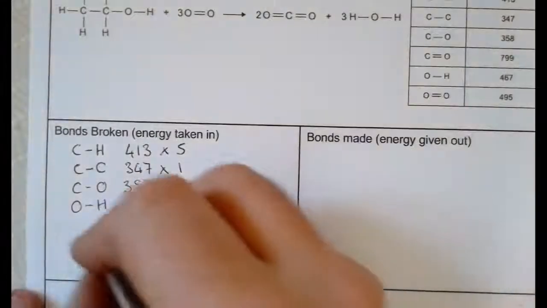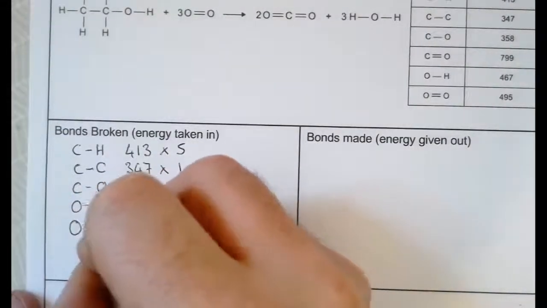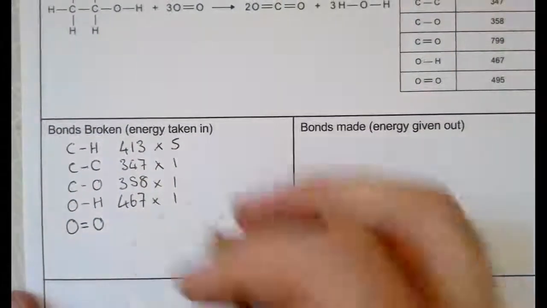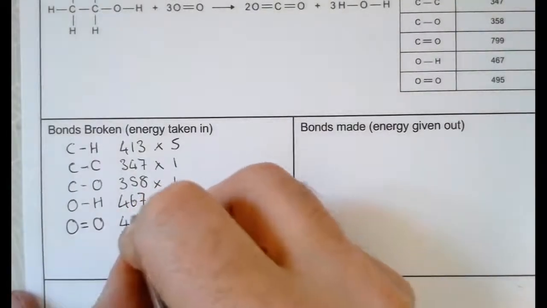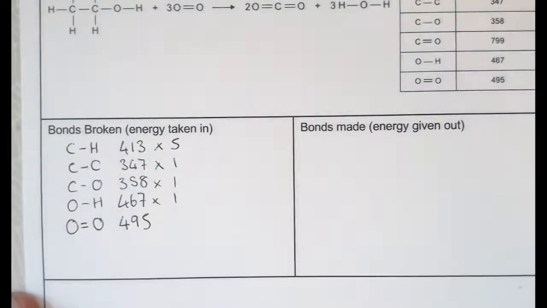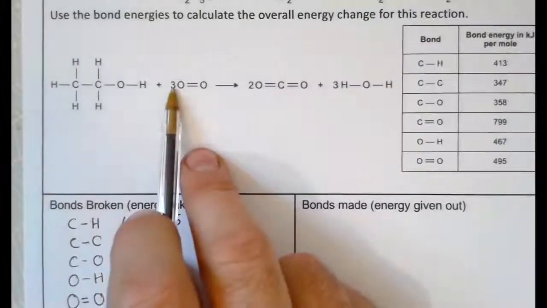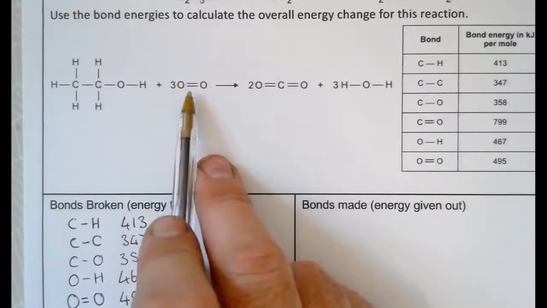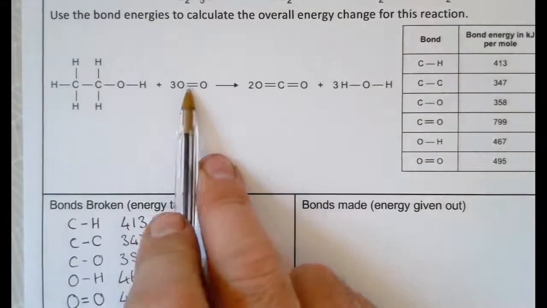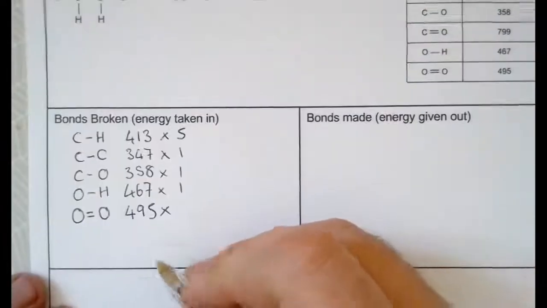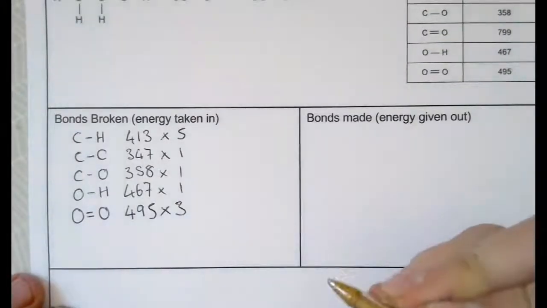So we have 1 oxygen double bond. Each one of those has an energy of 495, but there is 1 area we could make a mistake here. There's a coefficient in front of this oxygen. Every molecule has 1 of these bonds, but there are 3 molecules. So we have to multiply this 495 by 3.